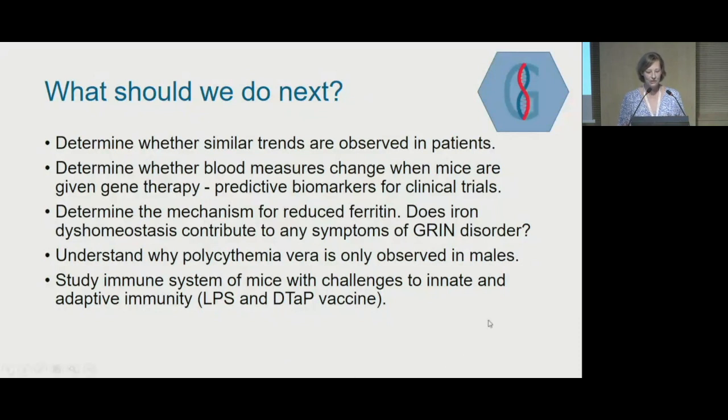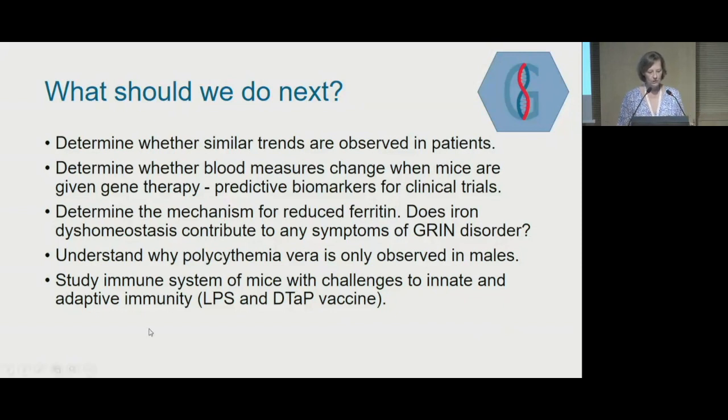We would like to understand this mechanism for the reduced iron stores, and also understand whether this iron dyshomeostasis might contribute to any of the symptoms of GRIN disorder. And understanding why we're seeing this effect only in males. It's interesting because Dr. Viklicki showed that some of the phenotypes of the GRIN2B were seen only in the males, so understanding why this is I think very interesting.